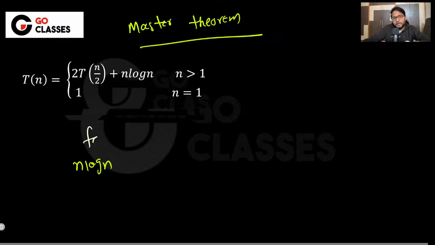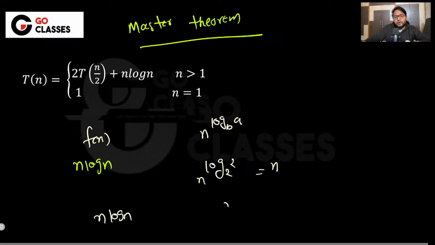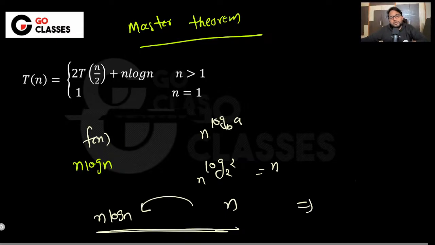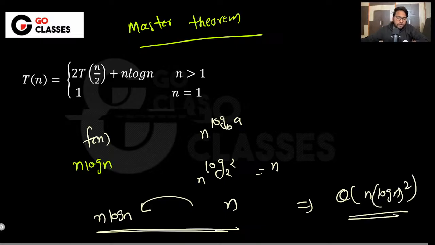So this is f(n), and what is n power log base b of a? This is n. So if it is n log n, and if it is n, then what is the answer using the Master's theorem? It is a multiple of log n. So using the Master's theorem, you can know that this is n log n square, right? So using the Master's theorem also you can do it if you are familiar. But don't worry, we will understand the Master's theorem in a couple of minutes.